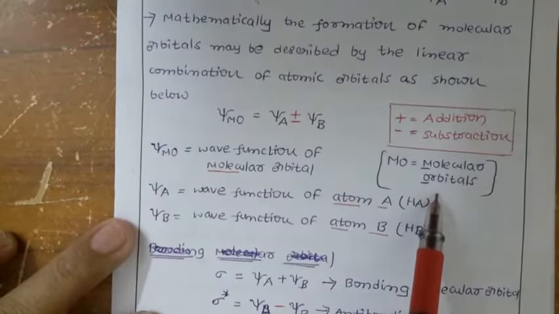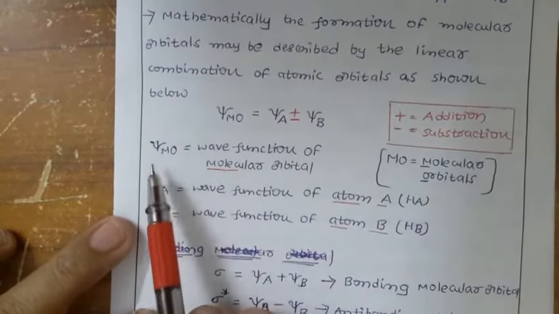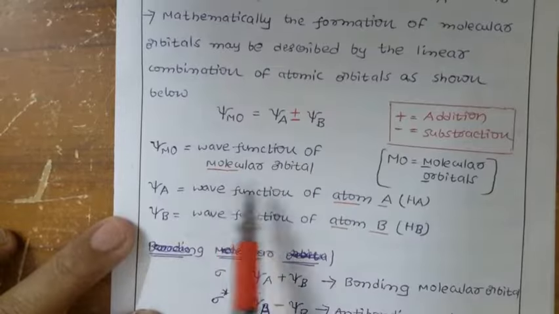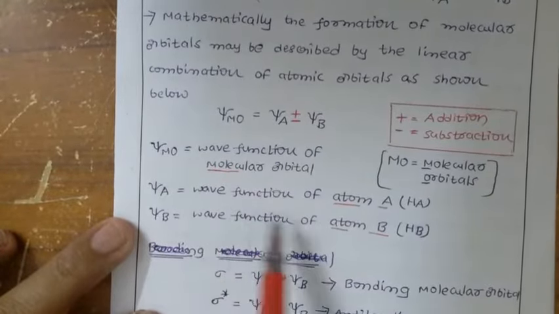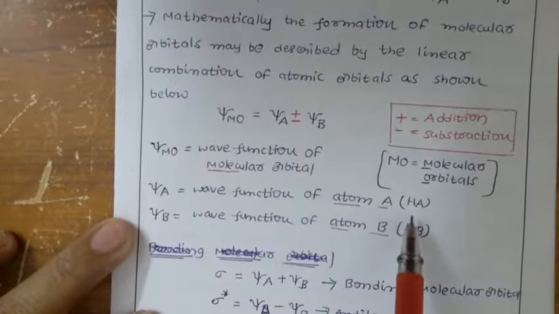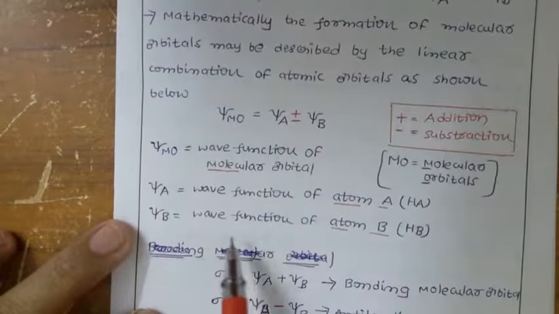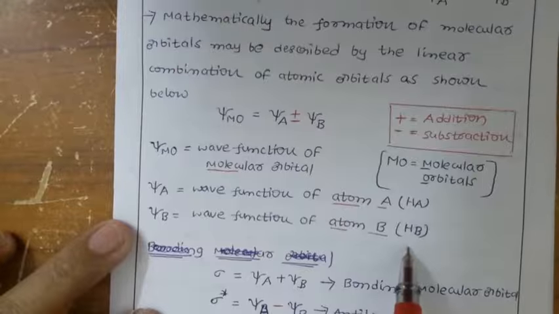MO means molecular orbital, so psi MO means the wave function of molecular orbitals. Psi A means the wave function of atom A, labeled as HA. Psi B means the wave function of atom HB.